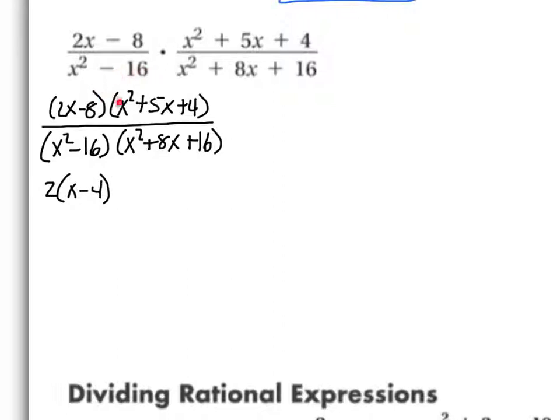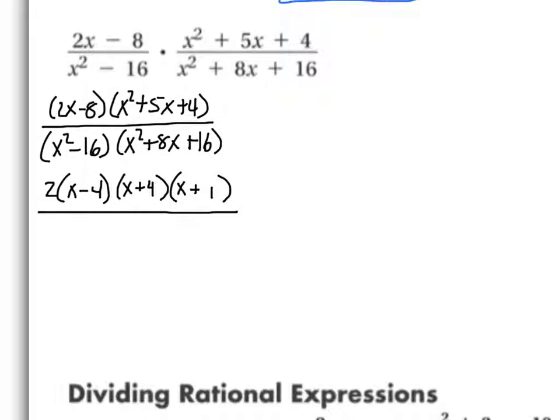Well, now we've got a trinomial here. So if it factors, it'll factor into 2 binomials. And what are our numbers in there? Positive 4, positive 1. Okay, well now we want to look at that x squared minus 16.